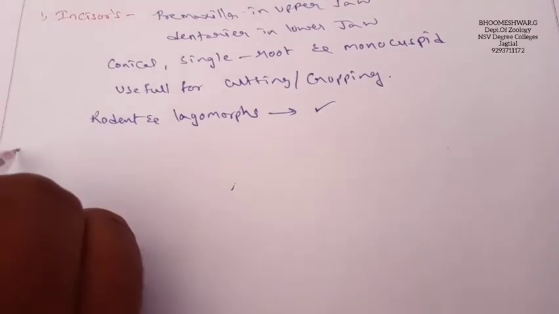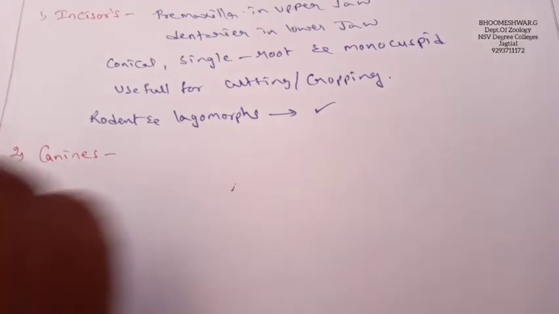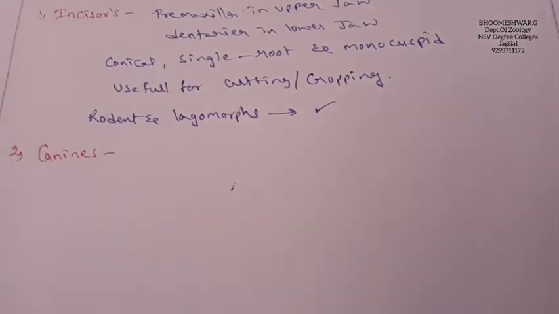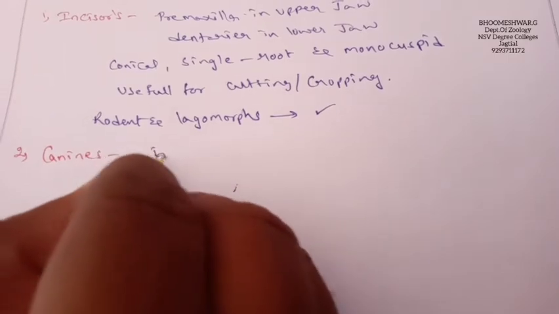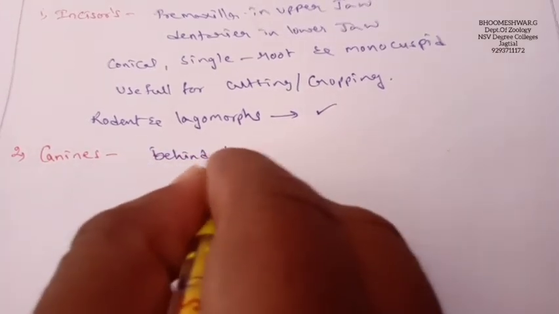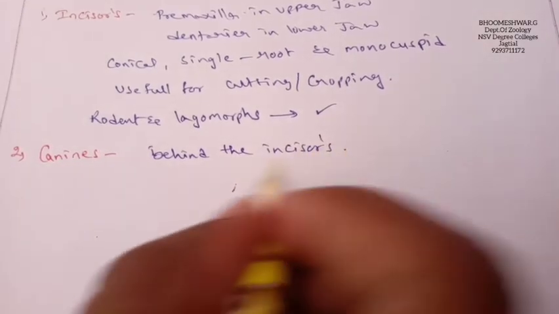And the second type of heterodont teeth is called canines. These canines are located immediately behind the incisors. So here is the exact location of canines.